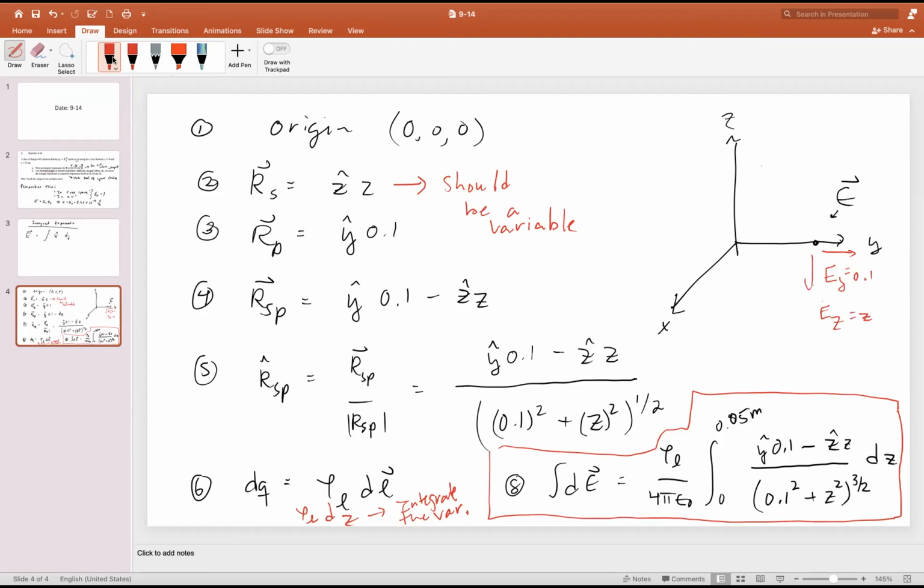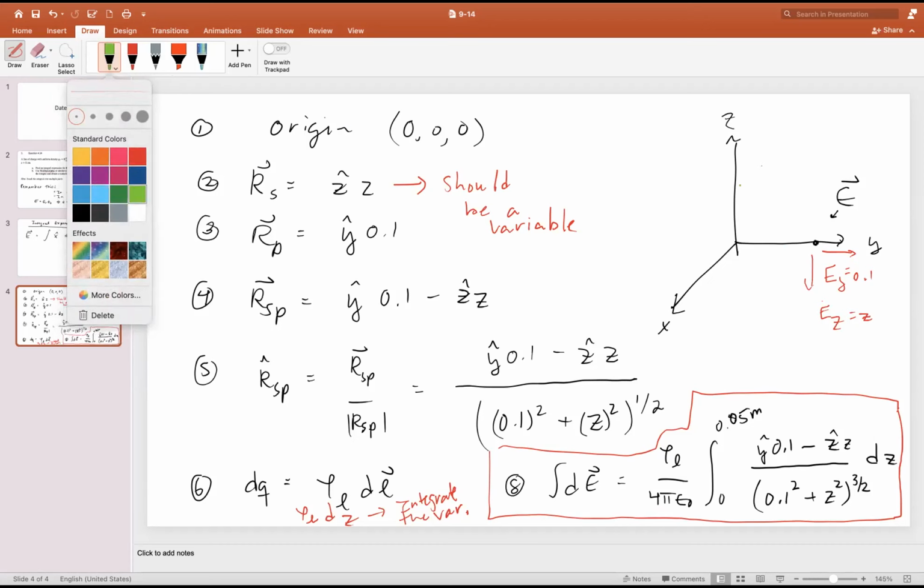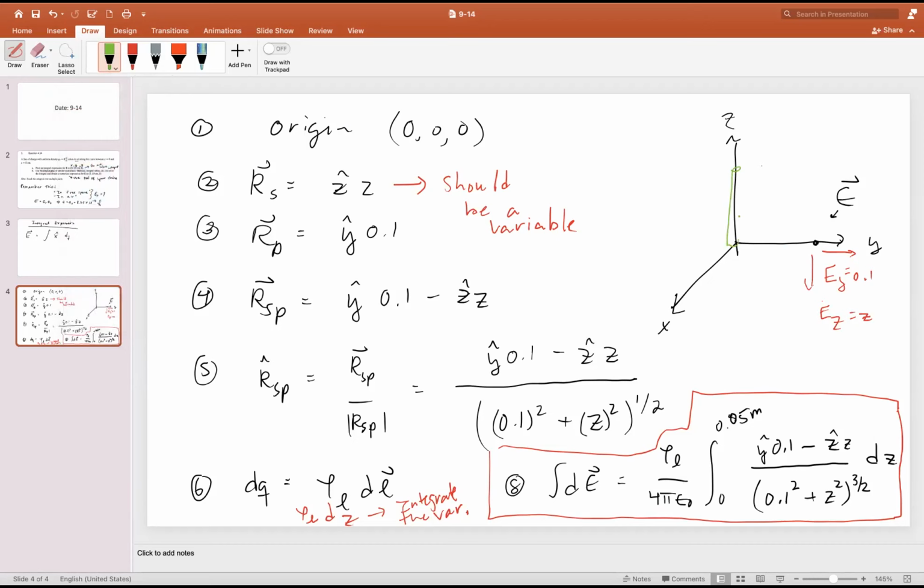And that makes sense, right? Because our line of charges is up here. If I chose some part of the charge and determined the field down here, we can see that this bit of field is going to be in the positive y direction and in the negative z direction.